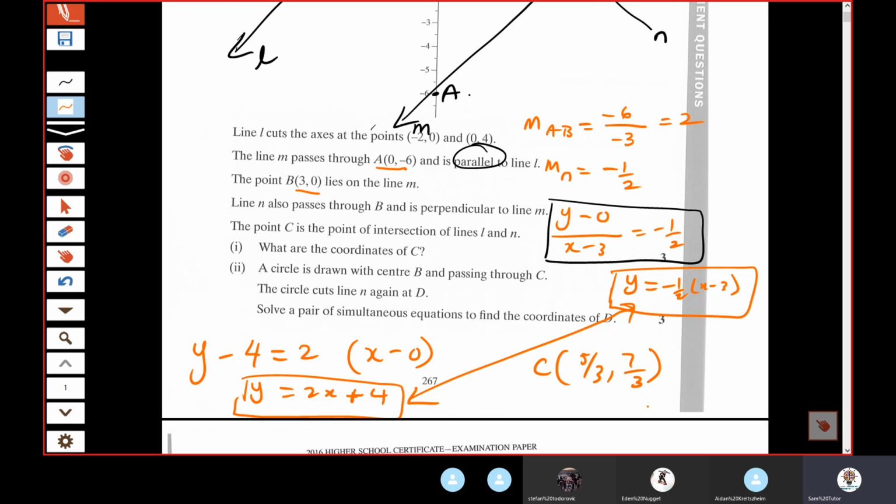Let me have a look. Yes, times by 2. Yes, minus x plus 3, correct? That becomes a half. 4x plus x is 5x.